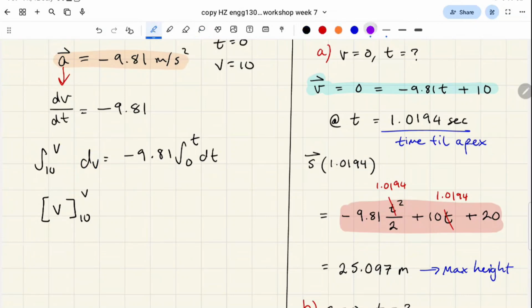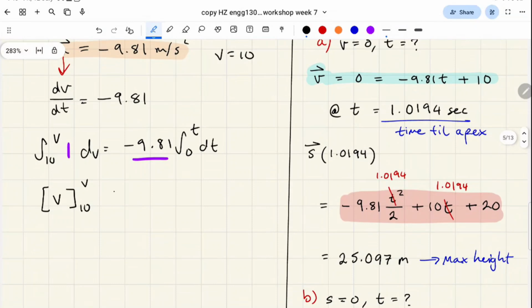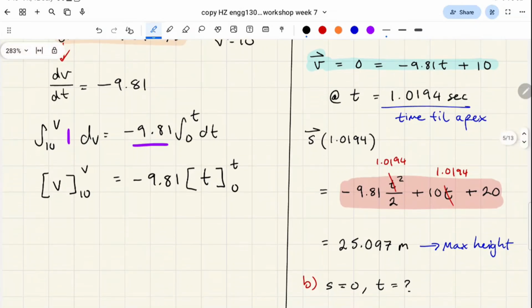You can kind of pretend that if there's nothing on one side, there's a 1 on that side. So the constant there is 1, and the constant here is negative 9.81. So it's negative 9.81 t, and then 0, right? So we haven't resolved these integral bounds yet, but we will.